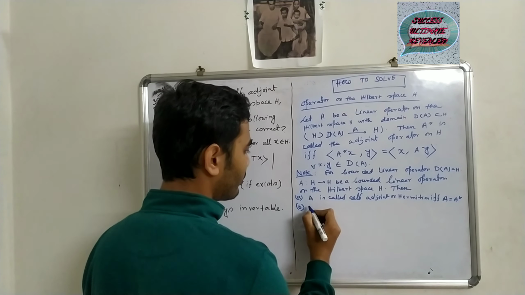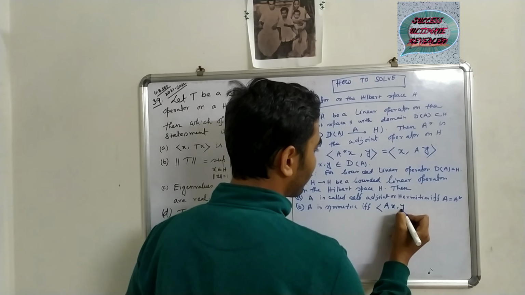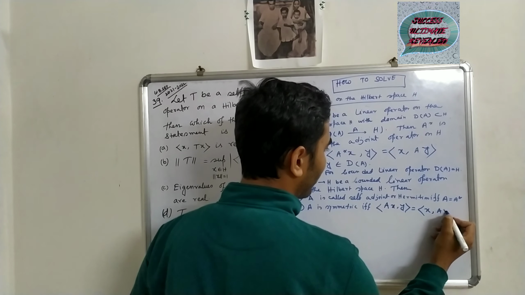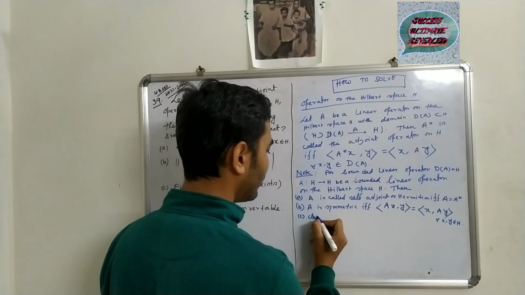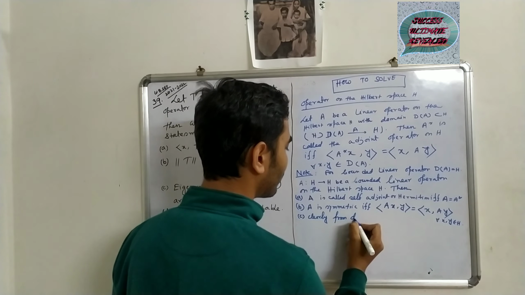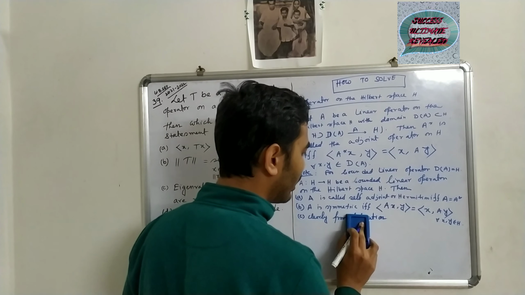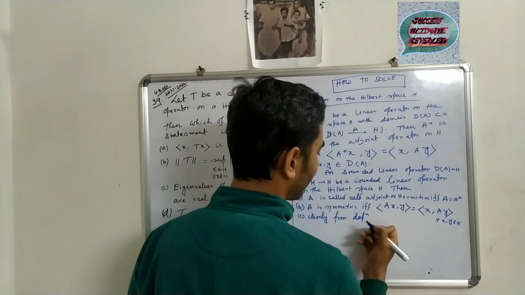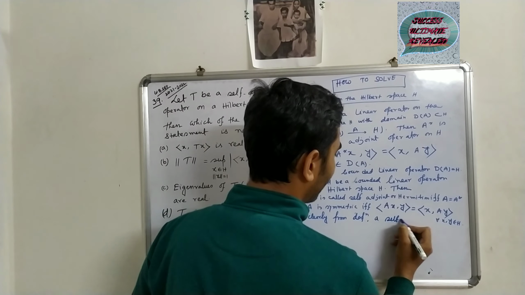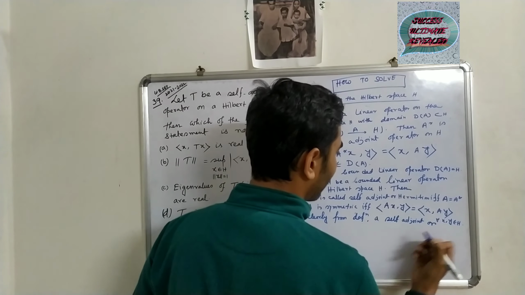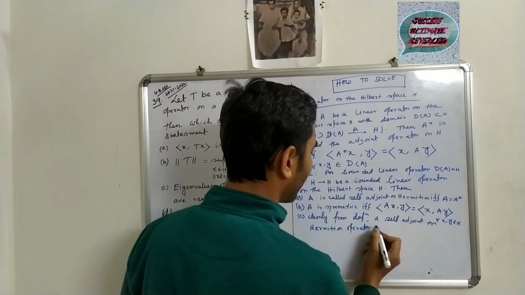Second, A is symmetric if and only if the inner product of Ax and y equals the inner product of x and Ay for all x and y belongs to H. So clearly, from the definition, a self-adjoint or Hermitian operator is symmetric.